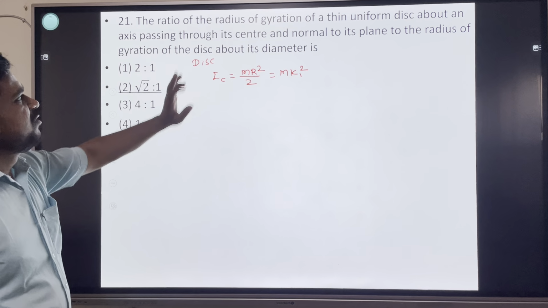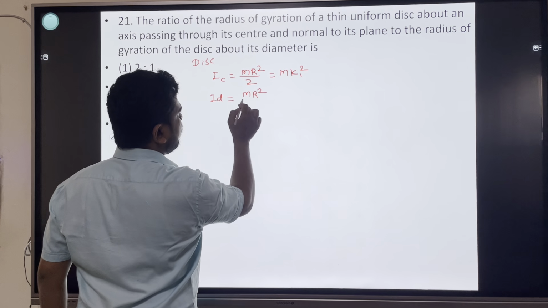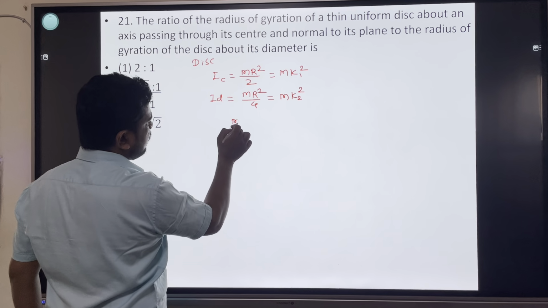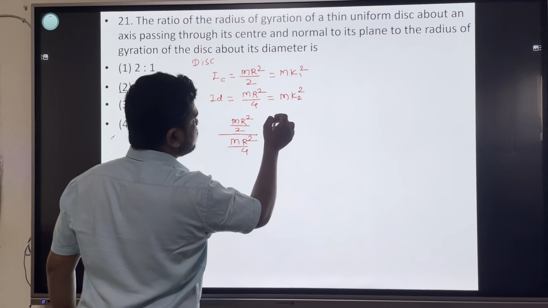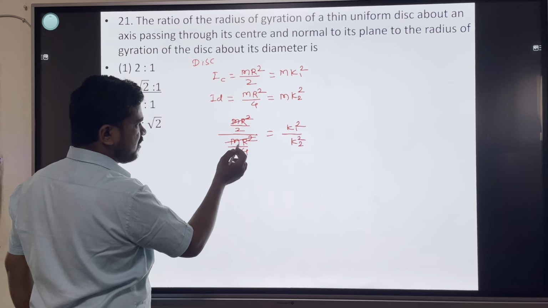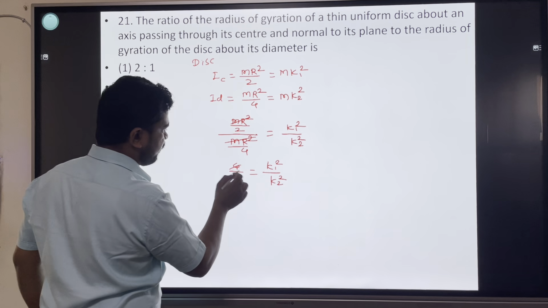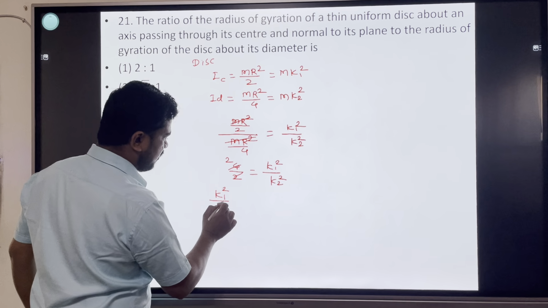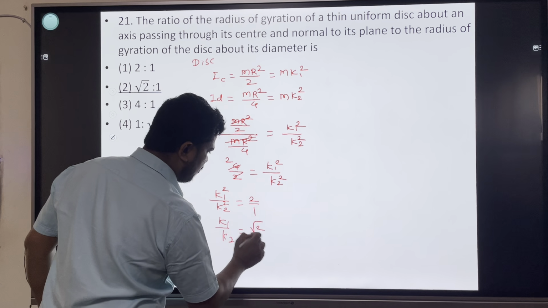And about the diameter, disk का moment of inertia about diameter mr square divided by 4 is equal to m k2 square. दोनों का ratio लीजिए, mr square divided by 2 divided by mr square divided by 4 is equals to k1 square divided by k2 square. mr square cancel, 4/2 is equal to k1 square upon k2 square. Square root ले लीजिए, k1 upon k2 is equal to square root of 2/1.